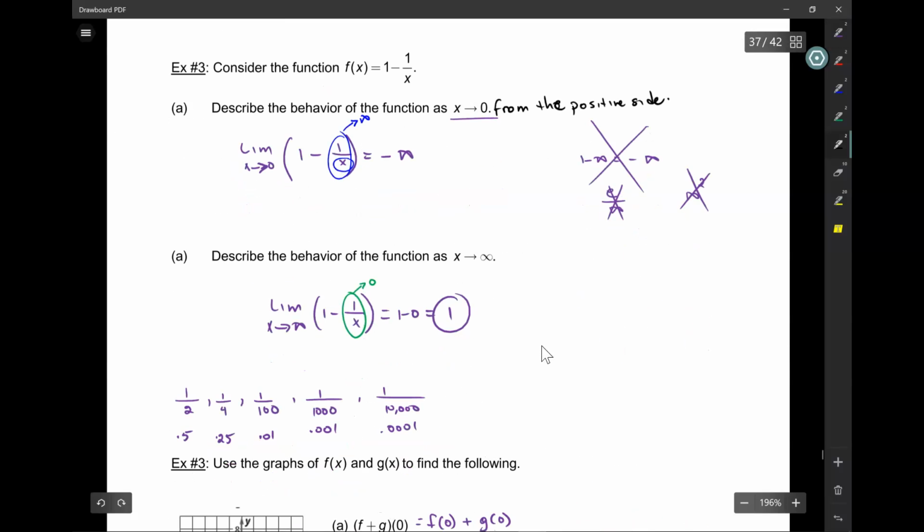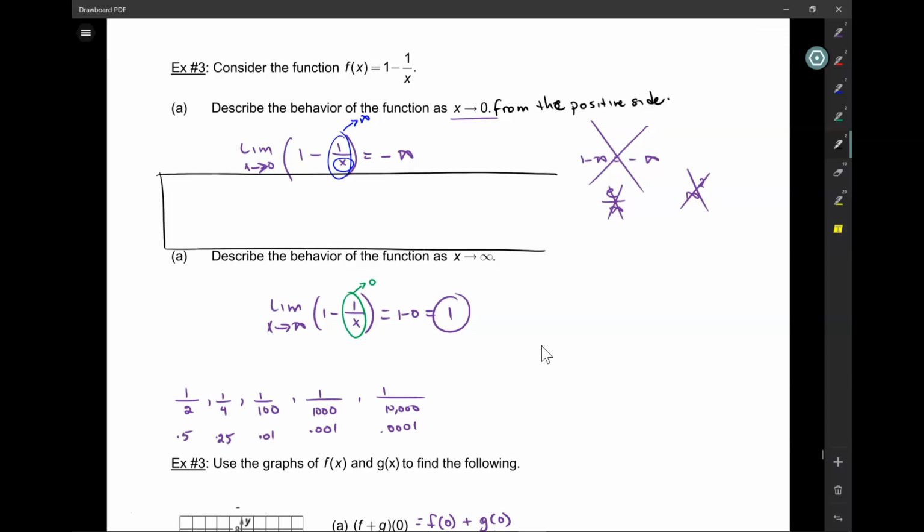Let's go back here for a minute. What if I wanted the behavior as x approaches 0 from the negative side? So now this is the limit as x approaches 0, but I want it to be from the negative side, right? So from the negative side, if I'm approaching 0, what are my values?